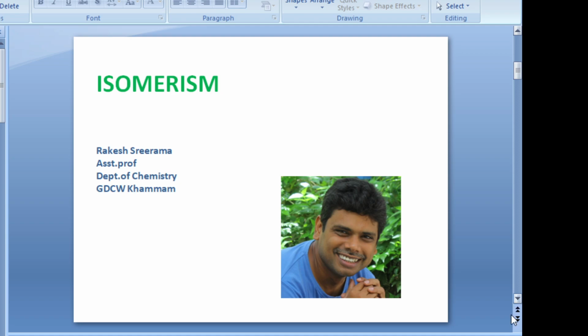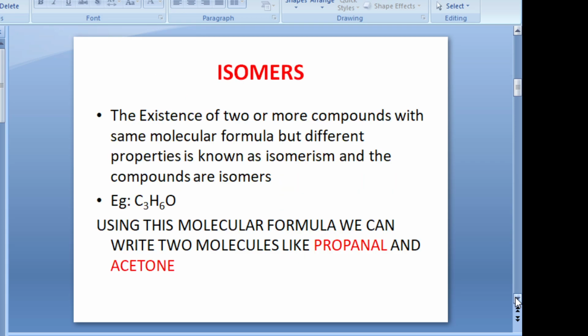Then for such molecules we coin the term isomerism. So even the definition also says the same, that two or more compounds with the same molecular formula but different properties makes isomers, and the phenomena is isomerism.